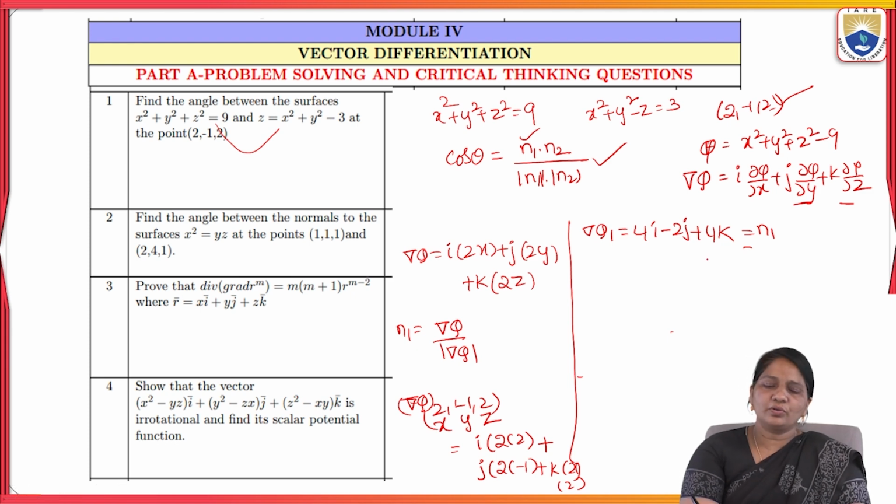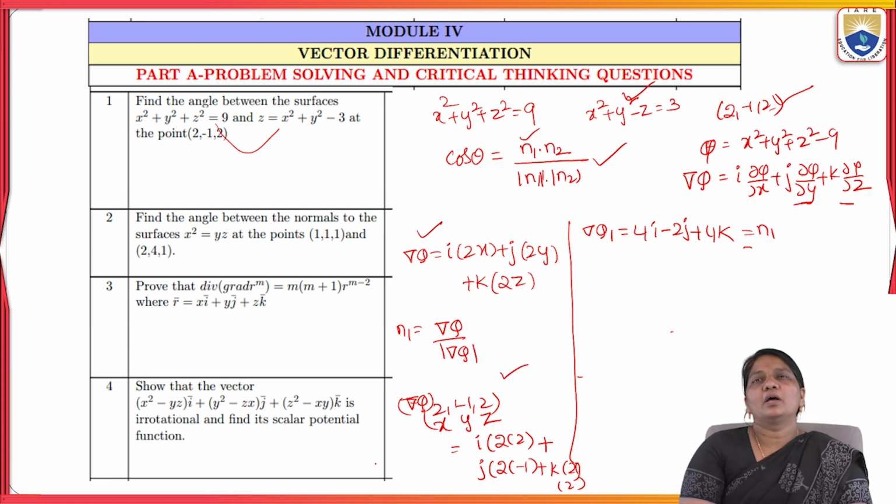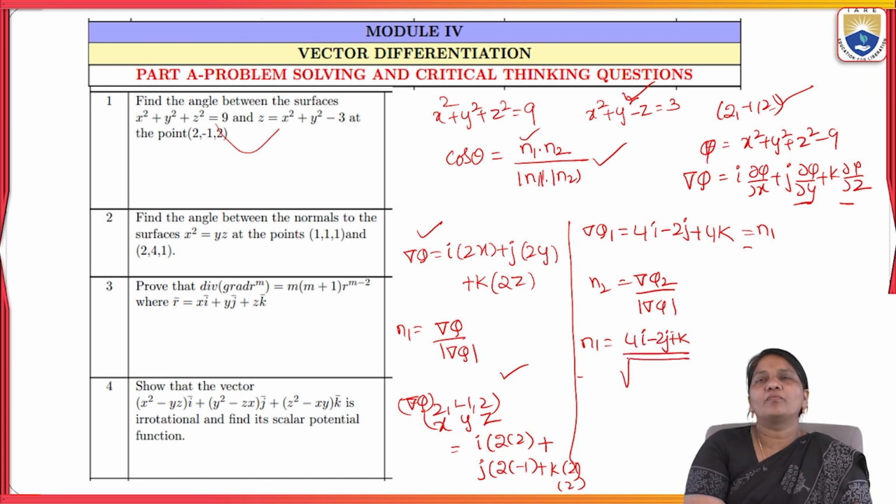What about the n2 value? Now we have to take the second surface. In the same way we have to calculate the ∇φ value. After that, n2 is ∇φ2 by the modulus of ∇φ. Here for n1 we are calculating (4i − 2j + 4k) by the square root of 4² is 16 plus 4 plus 1.